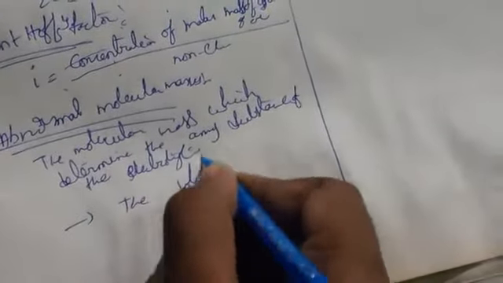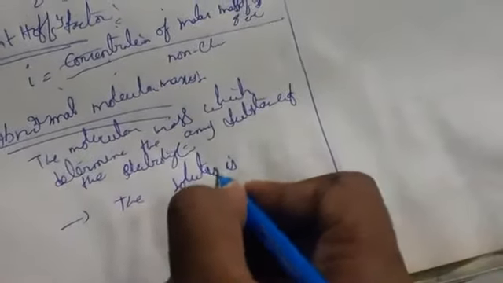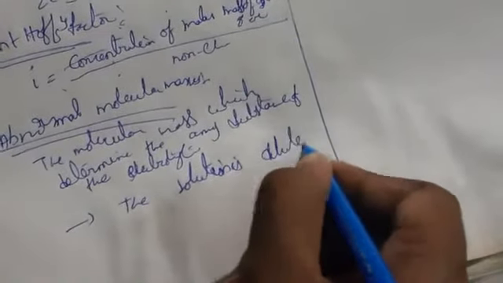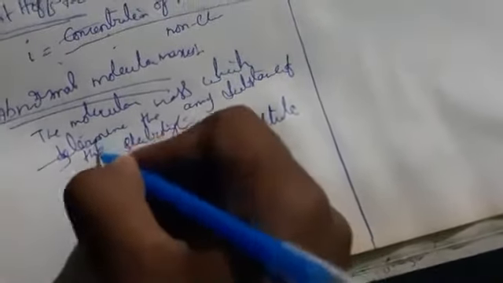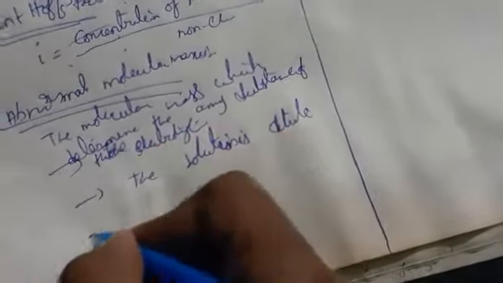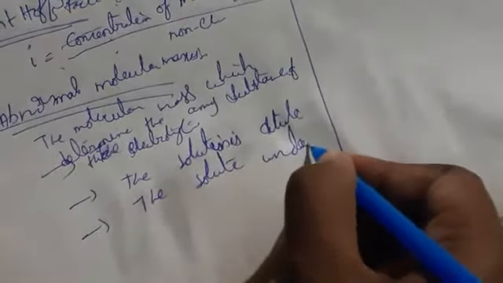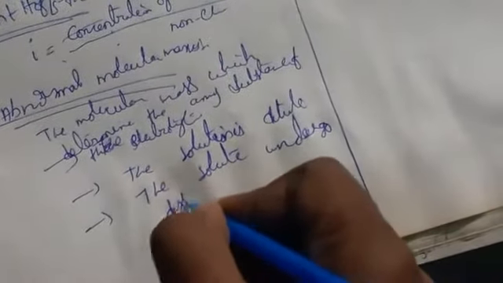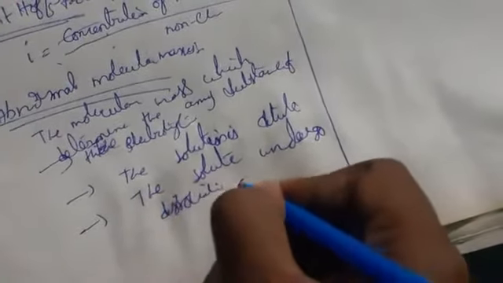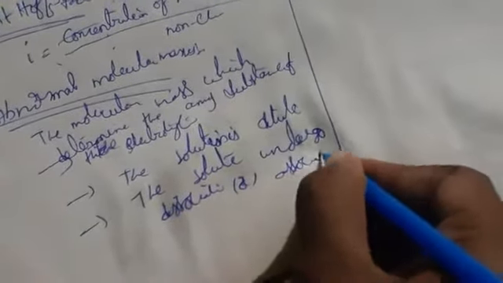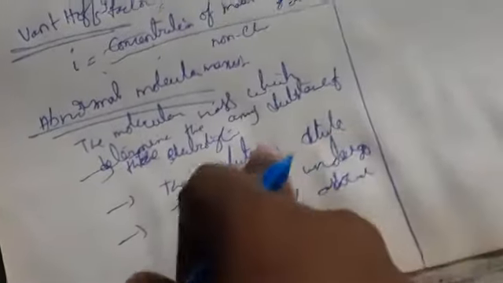It depends only on two conditions: if the solution is dilute, and also the solute undergoes dissociation or association. Okay, only under these conditions will the abnormal molar mass arise.